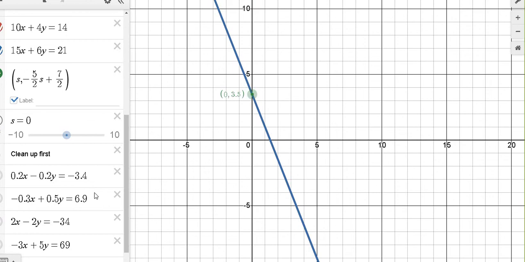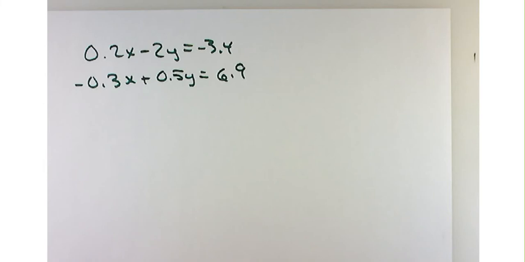Sometimes you have equations like this one down below: 0.2x minus 0.2y equals negative 3.4, and then the second one, negative 0.3x plus 0.5y equals 6.9. If it has fractions or decimals, it's not a bad idea to clean these things up first.